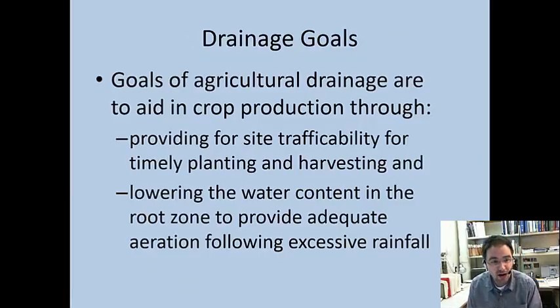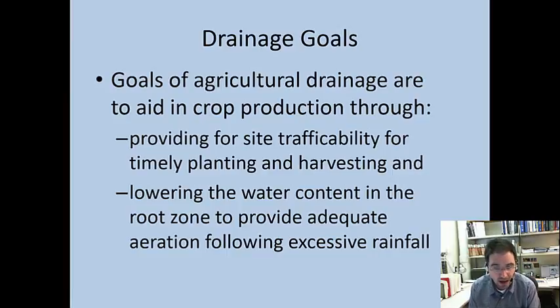As we look at our drainage goals, the goals of our drainage system are really to aid crop production. If it wasn't to aid crop production, we probably would not have the extensive drainage network that we have. It helps us with crop production by providing for site trafficability, for timely planting and harvesting, and also for lowering the water content in the root zone to provide adequate aeration following excessive rainfall.